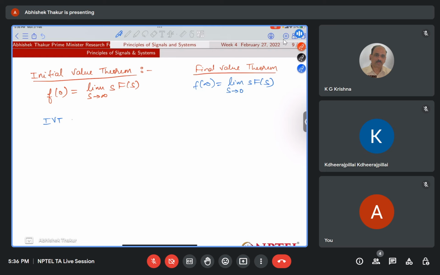There are some requirements. The initial value theorem is applied only when it is a proper fraction, meaning the degree of numerator is less than the degree of denominator in the transfer function.